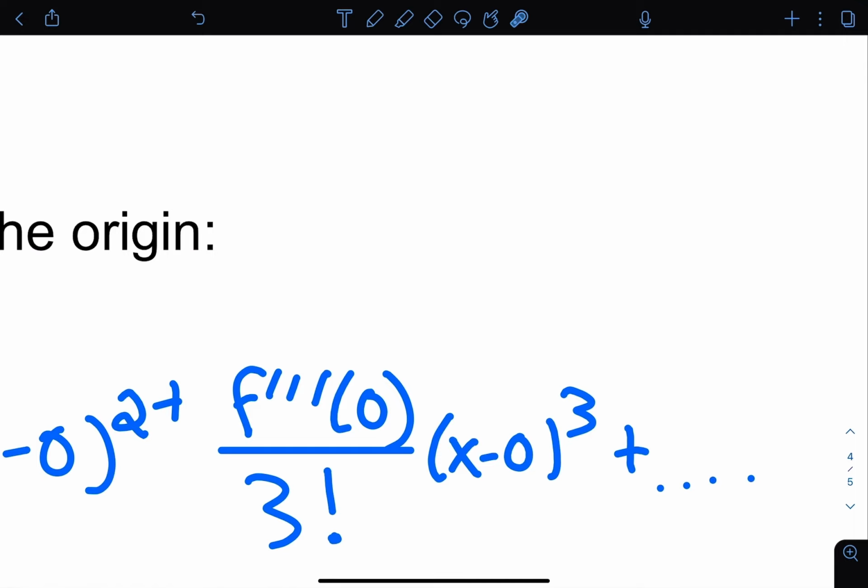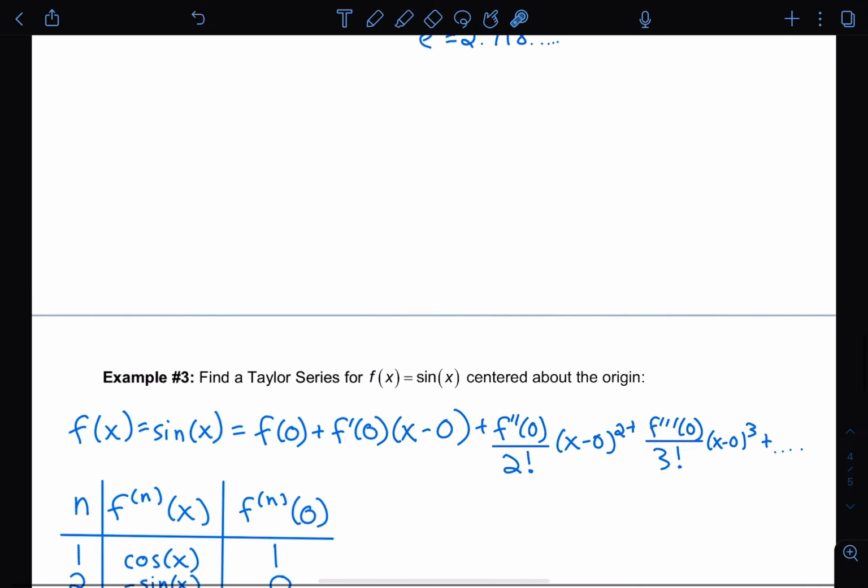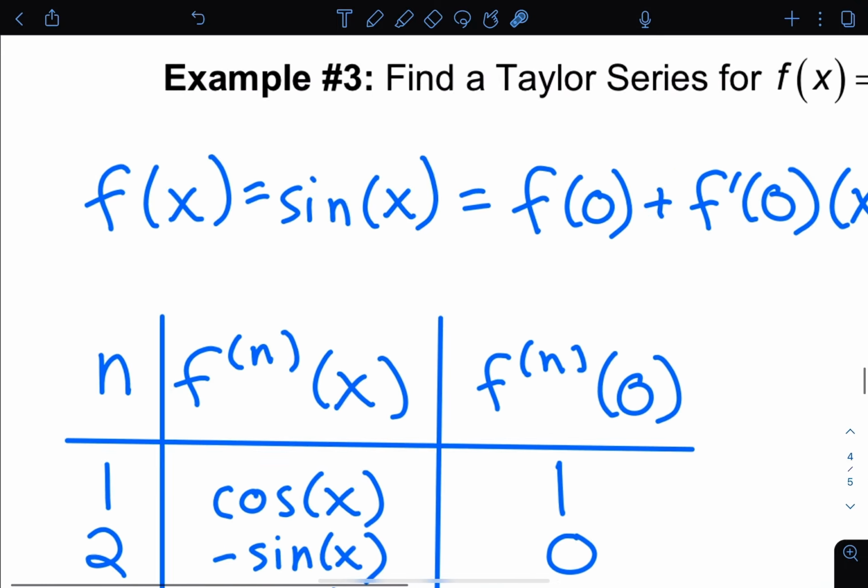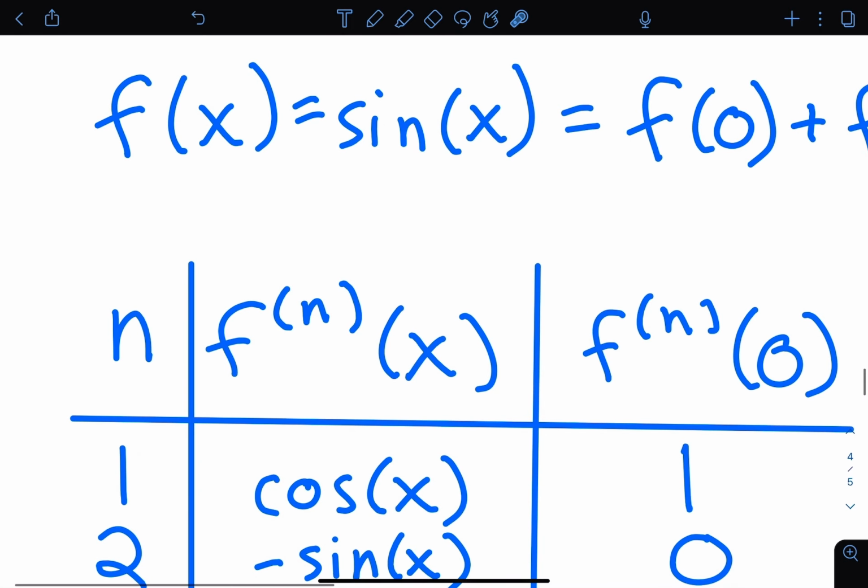This would go on. Now, you could go ahead and find all these values. You're all very capable of that. But one thing I recommend is trying to look for some patterns. So instead of trying to just do them individually, I went ahead and made a table.